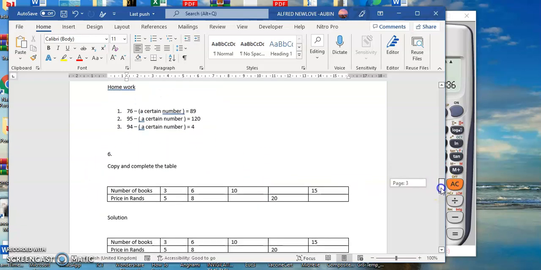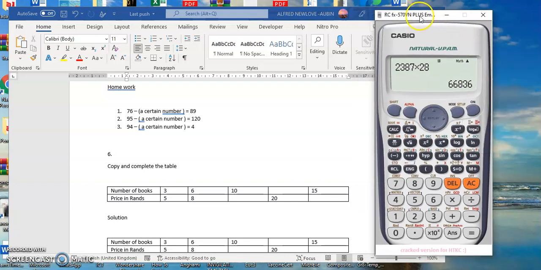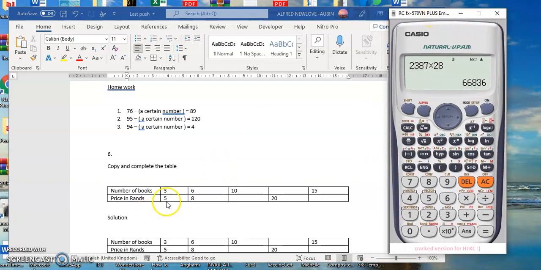Okay, let's look at the next one quickly. We have a table here, and you are told to complete the table. How are you going to complete it? The only thing you need to do is cross multiply.